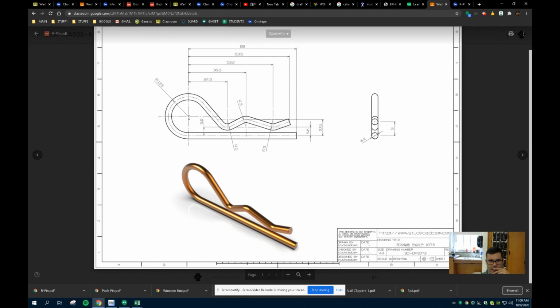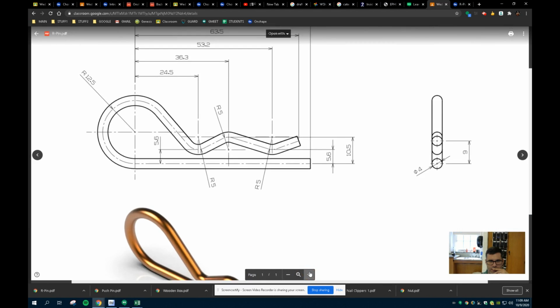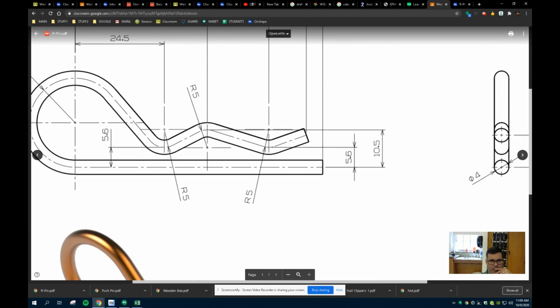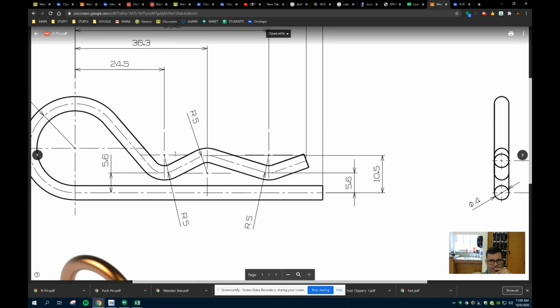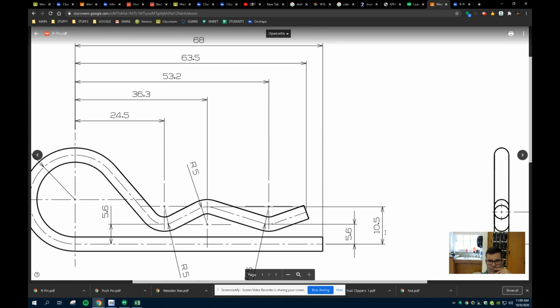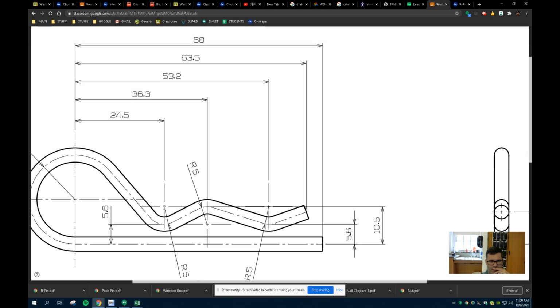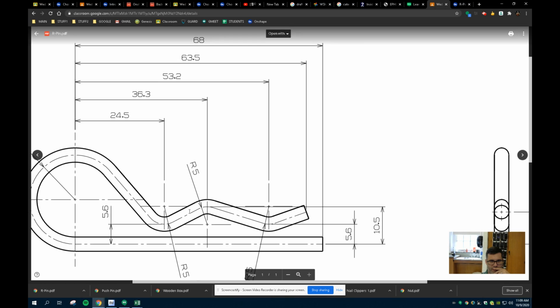It is not aligned directly with it, it is slightly below it. How much? Well, this one's aligned. This is 5.6 above that, and this is 10.5 above that. Okay, so it's aligned. So it's 24.5 that way, but then 10.5 from the bottom of that.